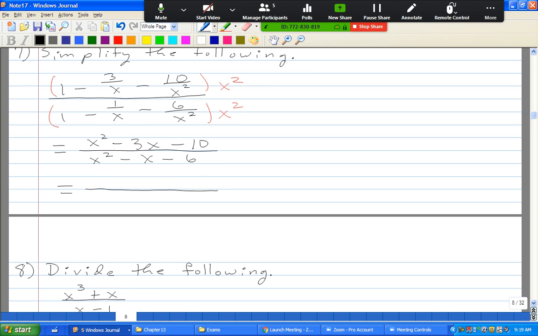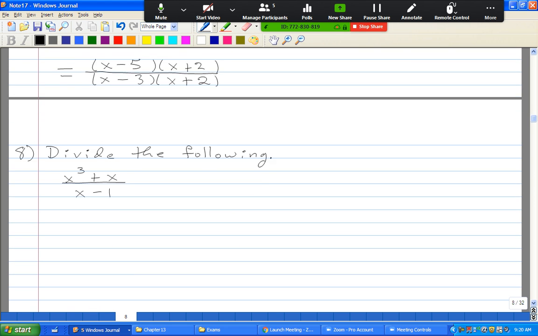This is a monic quadratic trinomial. So I'll factor it as x. Bring down the minus, times minus is plus. I want two whole numbers whose product is 10 and whose difference is 3, 5 and 2. Again, the denominator is a monic quadratic trinomial. So I'll bring down the minus, times minus is plus. I want two whole numbers whose product is 6 and whose difference is 1, so 3 and 2.